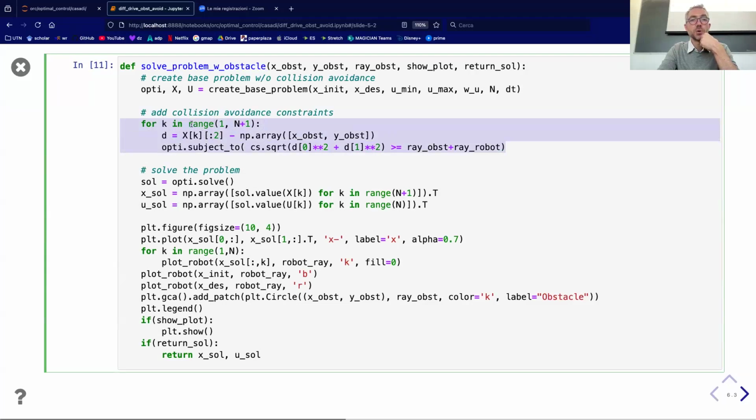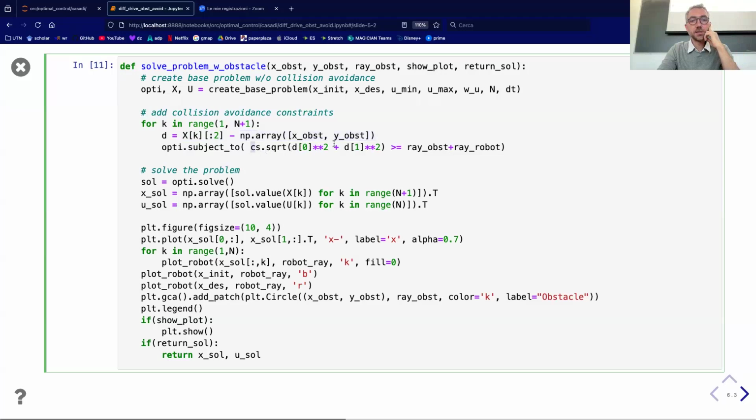So I'm doing a loop over all the time steps from time 1 until time n. And for every time step, I'm computing the distance vector between the robot state, which is the first 2 variables of the state vector, minus the obstacle position.